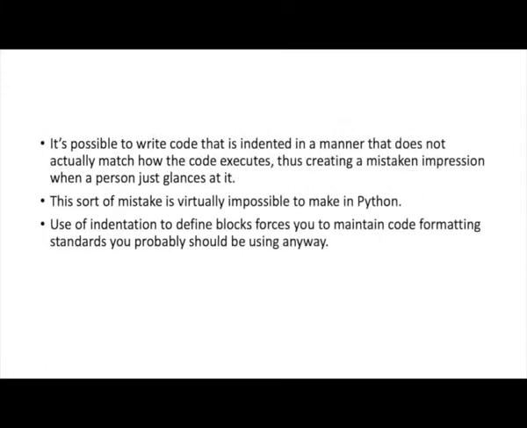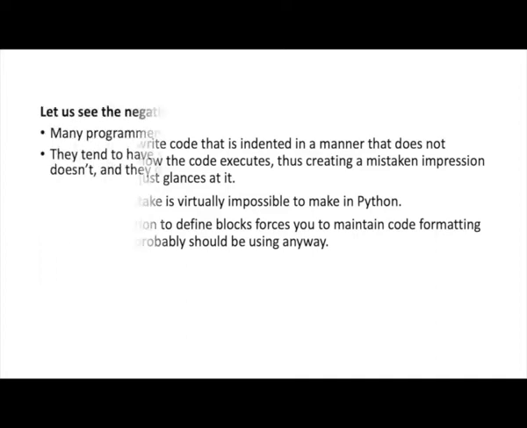It is possible to write code that is indented in a manner that does not actually match how the code executes, thus creating a mistaken impression when a person just glances at it. This sort of mistake is virtually impossible to make in Python. Use of indentation to define blocks forces you to maintain code formatting standards you probably should be using anyway.